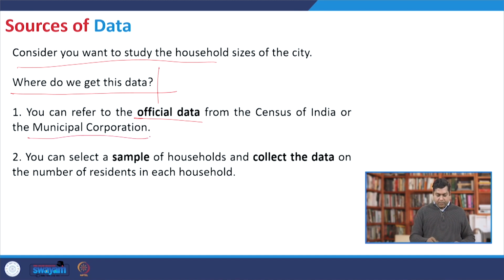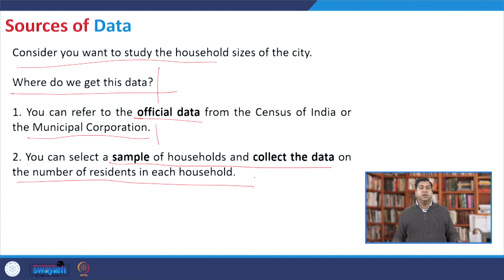Or it is also available with the municipal corporation. You can also select a sample household and collect data on the number of residents in each household. Suppose you don't have the census data, or the data which is available is outdated, so you don't have any recent data based on which you can project for the future.